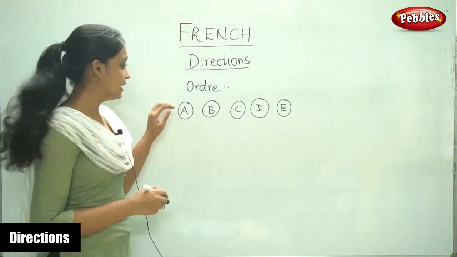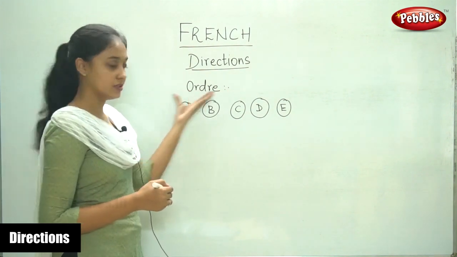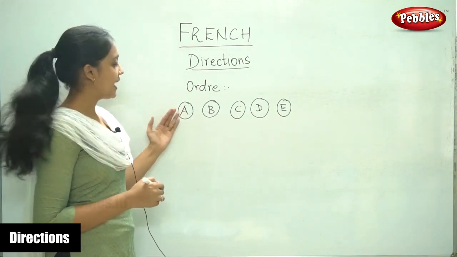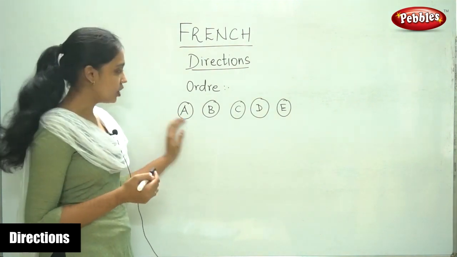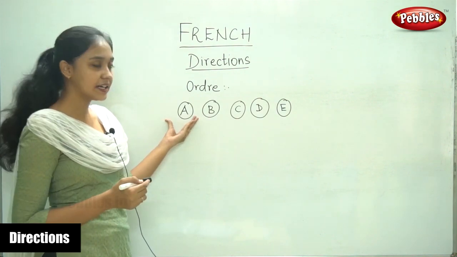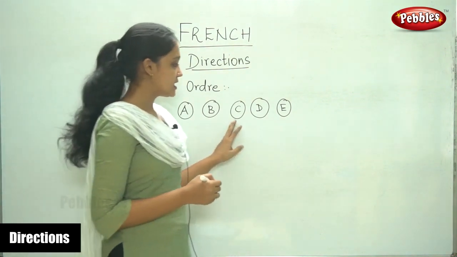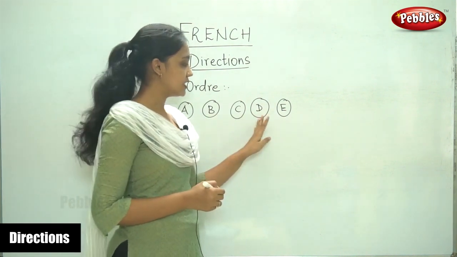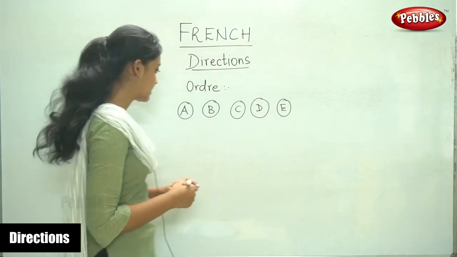Now we are going to learn how to indicate the order, l'ordre. So now again we have 5 objects. So let us explain the order. You will say A comes first, B is second, C is third, D is fourth, and E is the last.